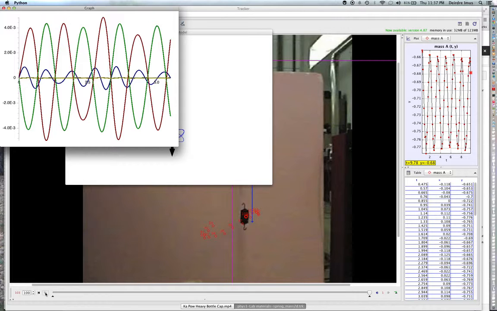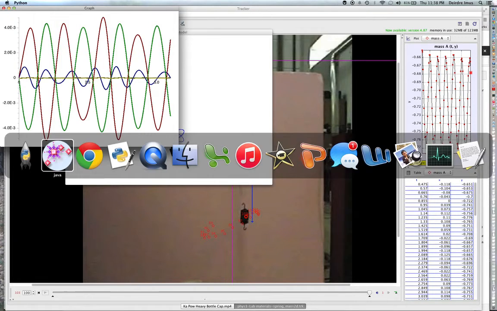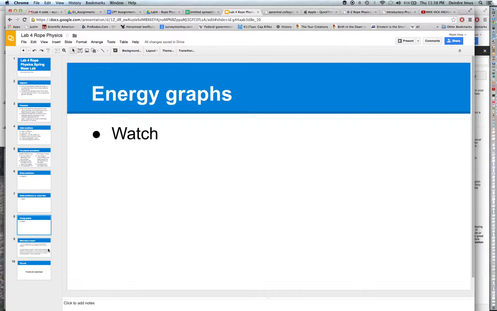And then the blue is the change in the kinetic energy, which makes sense, just like the potential energy, because it bounces back and forth as it changes between the different types of energies.